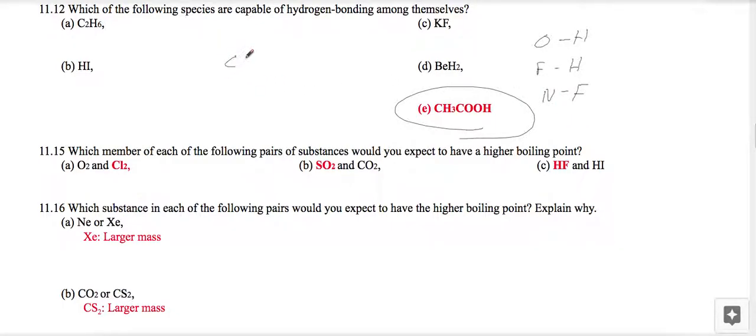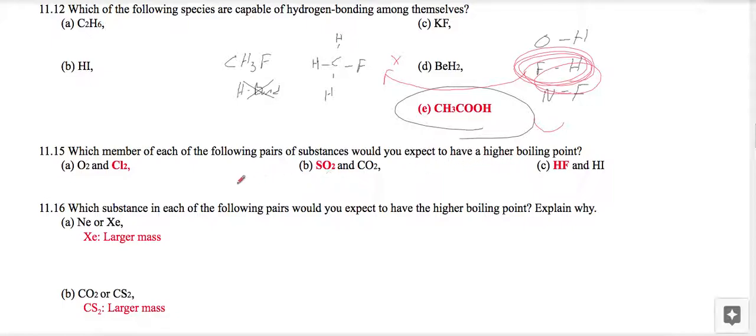For example, this one here would not have hydrogen bonding, because it looks like this. This bond right here is not on that molecule, so it's not hydrogen bonding.